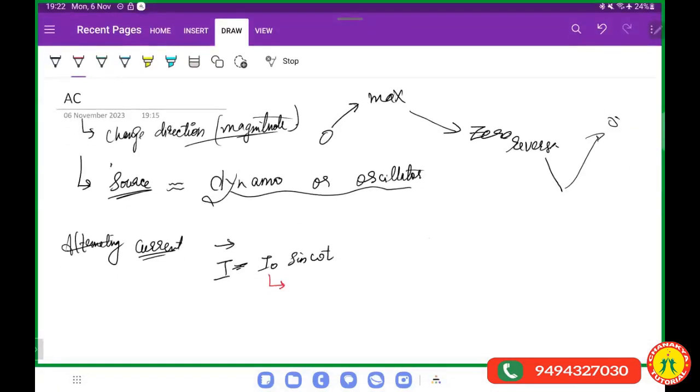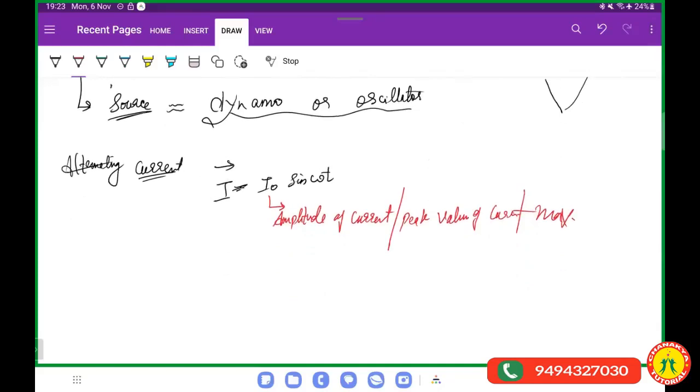Maximum current, or peak value, or amplitude of current. Amplitude, peak value, or maximum, as you said. Same way, alternating EMF.